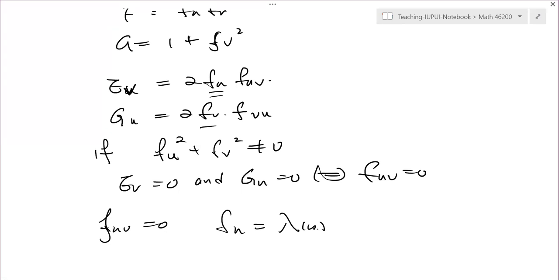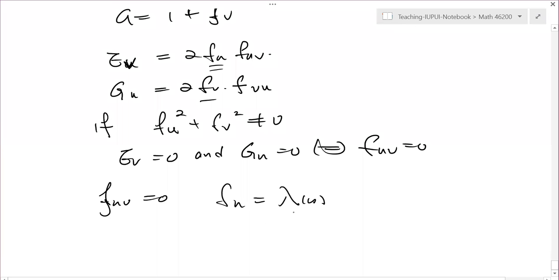Then f depends on U only in its derivative, so f is going to be the integral of lambda(u) du plus another constant c.